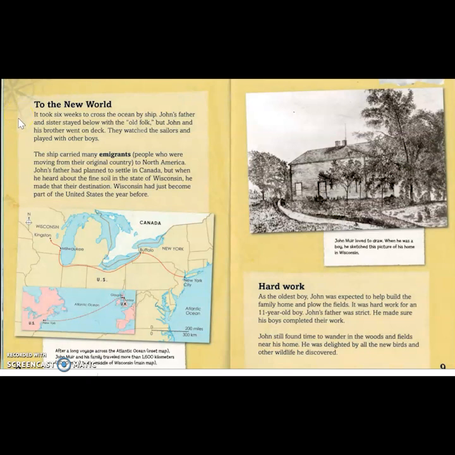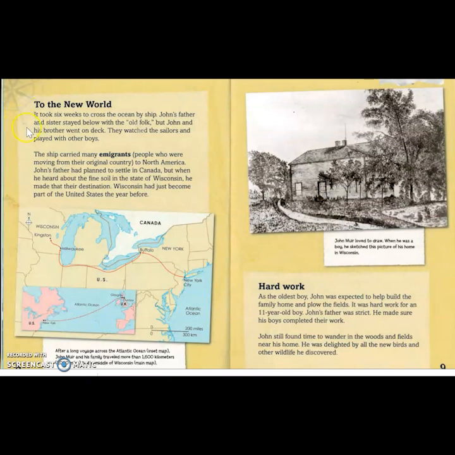So again, when I'm thinking to myself, like good readers should, who's telling the story? Who's the author here? It's not John Muir. This is someone who was not there at the time, not on that boat with him or his family. They did not witness his experience. They're just reporting back on what they've researched and what they've learned.